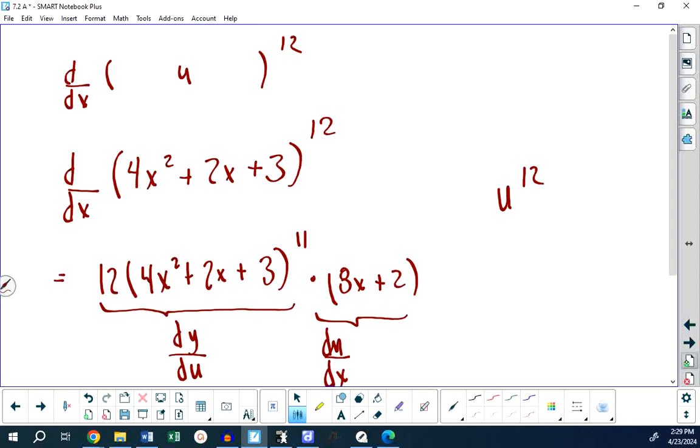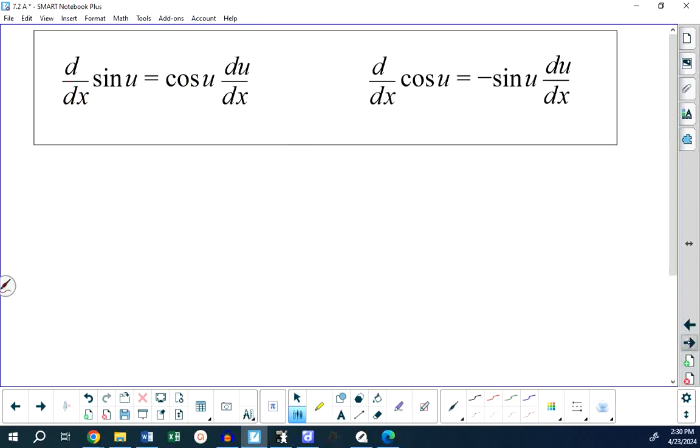Okay. It is more global than this. U is an argument of a power. U is the argument of this power. So when you use the power rule, the chain rule says you multiply by the derivative with respect to x of the argument. Well, that's why this statement is true.